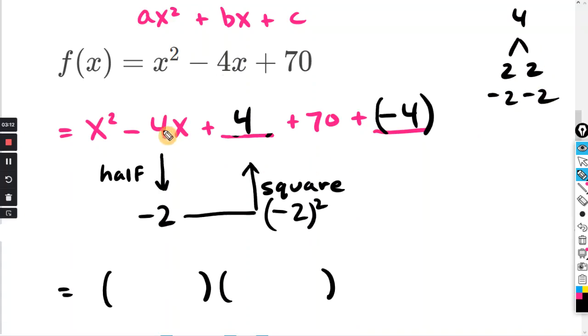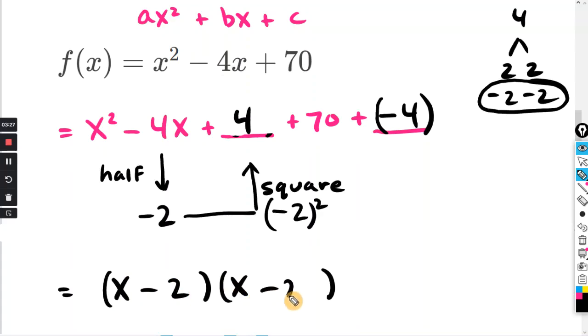Which pair adds to -4? Well, that's this right here. You don't have to write this step just yet, but that's going to be x minus 2 times x minus 2, because we just used the -2's from the factoring tree.